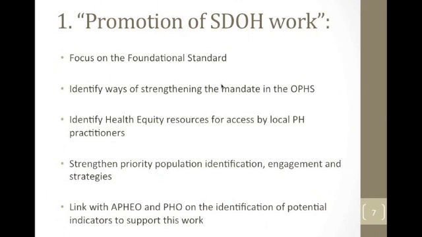We are addressing all 5 of these: working on the foundational standard, identifying ways to strengthen the mandate in the Ontario Public Health Standards, identifying health equity resources for access by local public health practitioners, strengthening the work on priority populations, and finally, the health equity indicator work, which is to work with partners to identify indicators that we could use to measure, monitor, and hopefully evaluate this work as we move forward. Next slide, please.